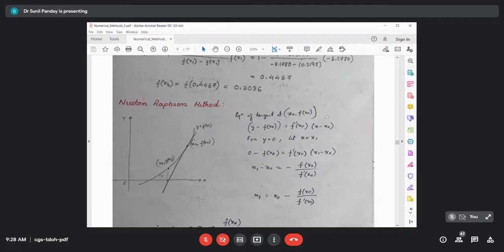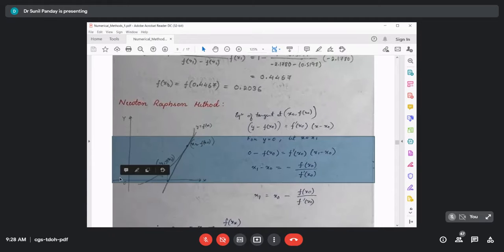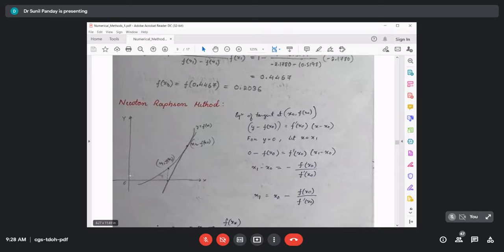So what we will do in this Newton-Raphson method, suppose our original curve is y = f(x), and this is the drawing of the curve, and we have selected one x naught as a point, that is our initial guess.